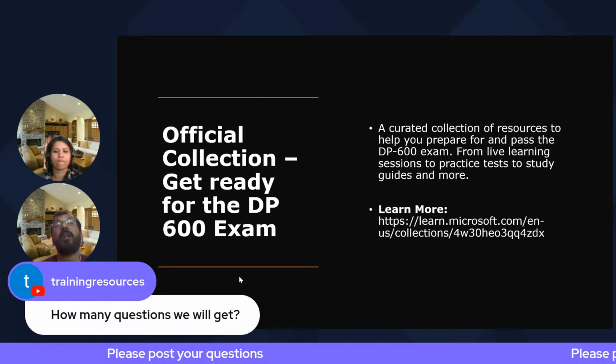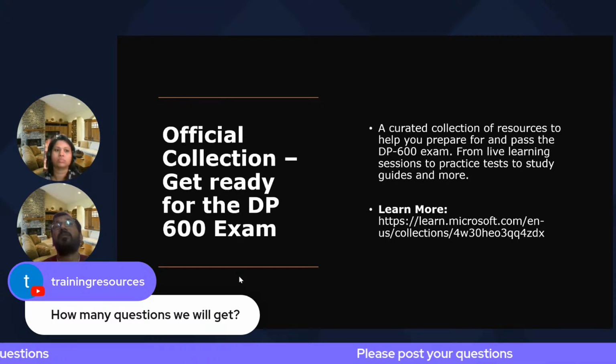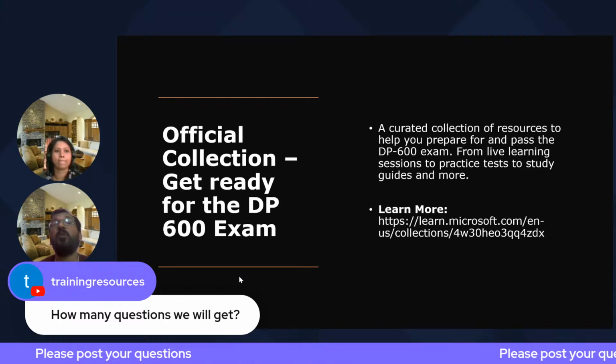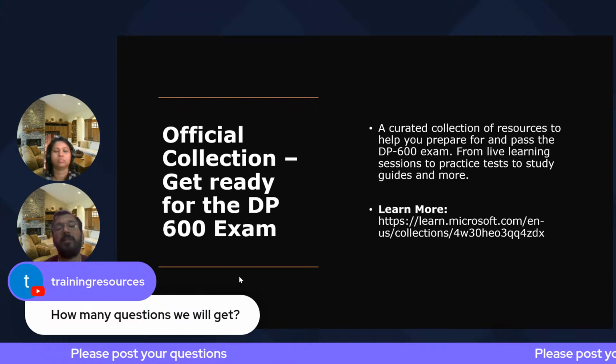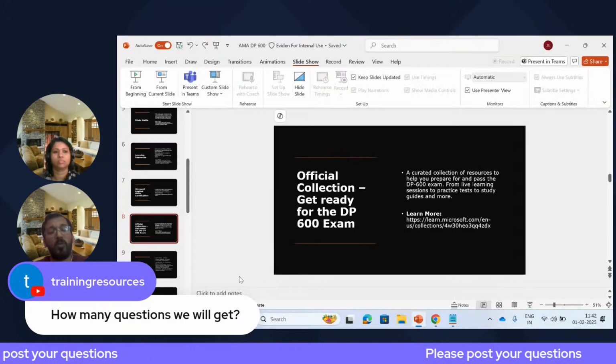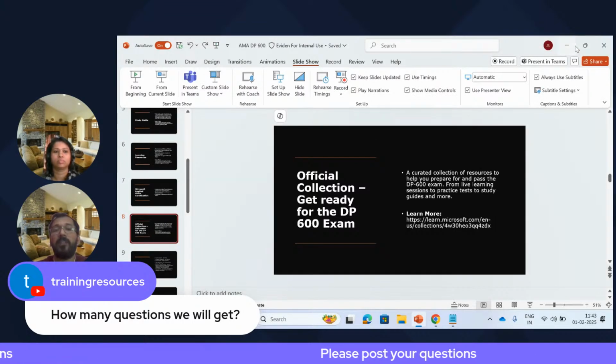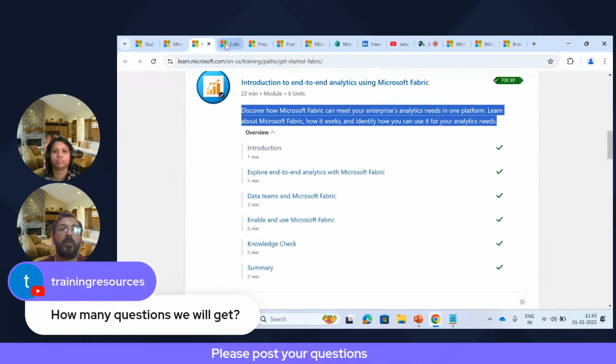The Microsoft official team has curated a fantastic collection of resources that will definitely help you prepare as well as clear the DP-600 exam, starting from the live learning sessions till your practice test. So let me show you where you can find this official collection.